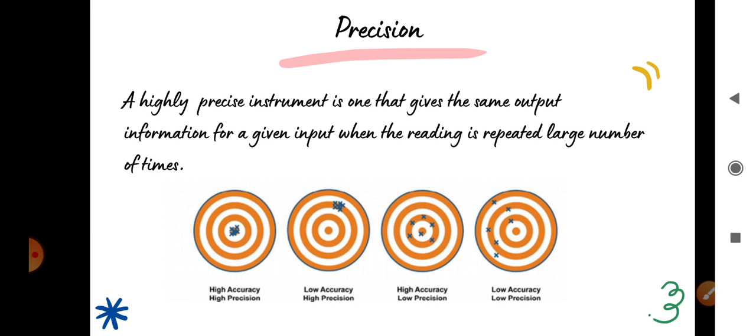In the third one, they are close to the true value as compared to the second one, but they are away from each other, that's why high accuracy and low precision. But in the fourth diagram, they are not close to each other, and they are away from the true value, that's why low accuracy and low precision. I hope you understood the difference between precision and accuracy. An equipment which is precise is not necessarily accurate.